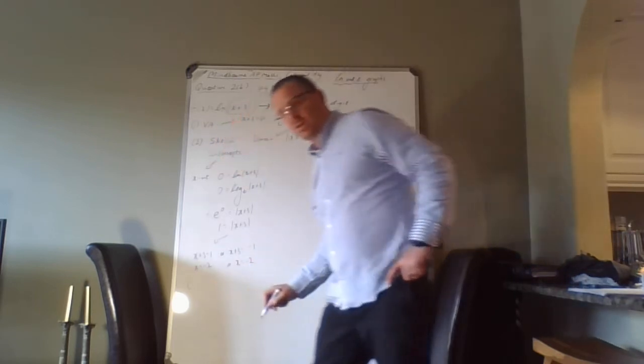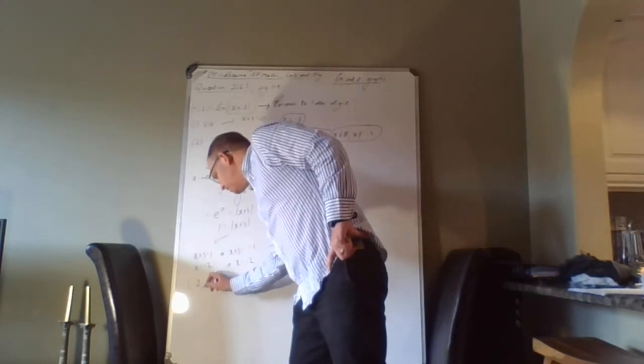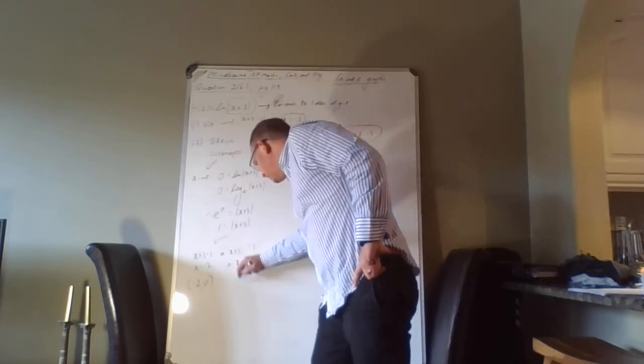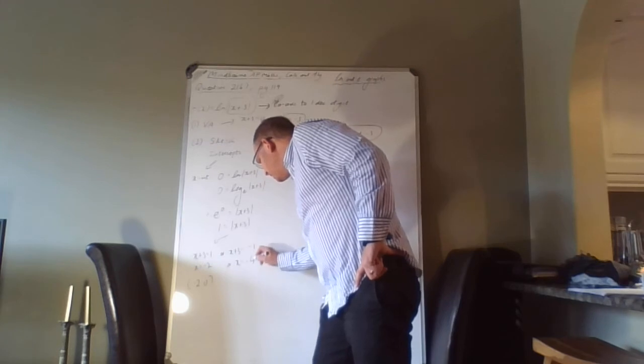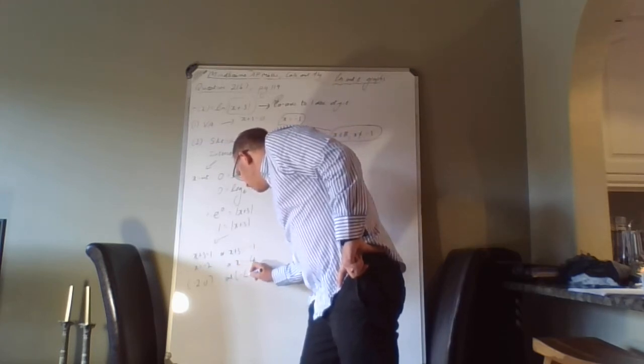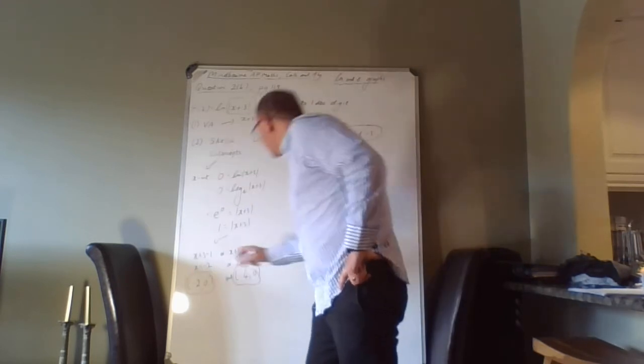And they ask you for the coordinates. If they ask you for the coordinates, then you've got to write down the coordinates of your intercepts: negative 2, 0, and here, sorry, it should be negative 4. Negative 1 minus 3 is negative 4, so negative 4, 0. So they're my x-intercepts.